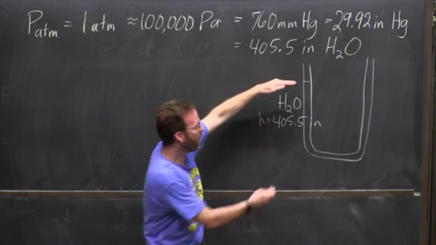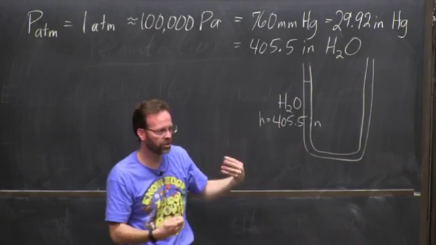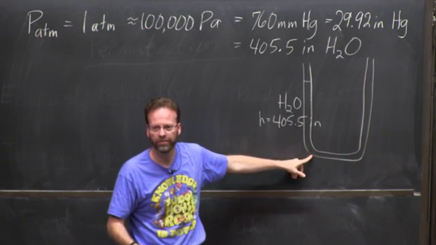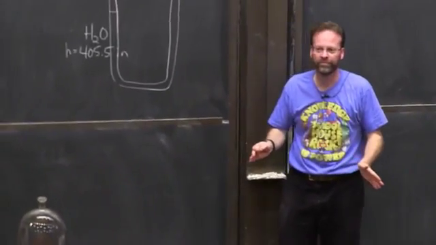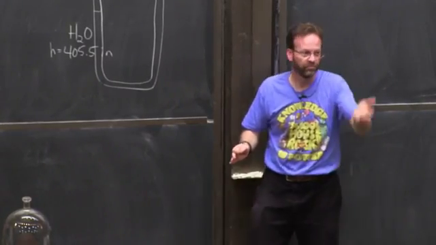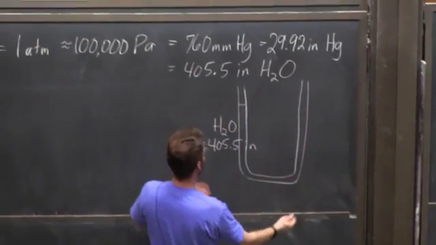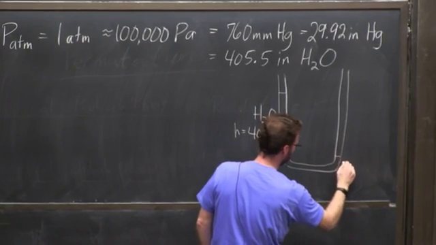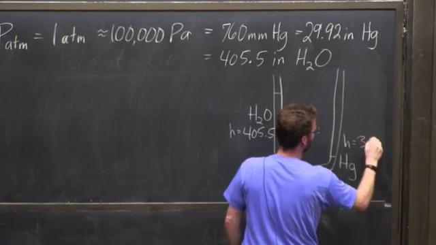It'd be the weight of that water over that area, because that's pressure, will exert a pressure equal to 1 atmosphere right here. That's what you'd feel. How high would the mercury need to be to balance that? 29.92 inches. We'll round to 30. So let's see, not to scale here. That's 200, 150, about here. Mercury with a height of about 30 inches.